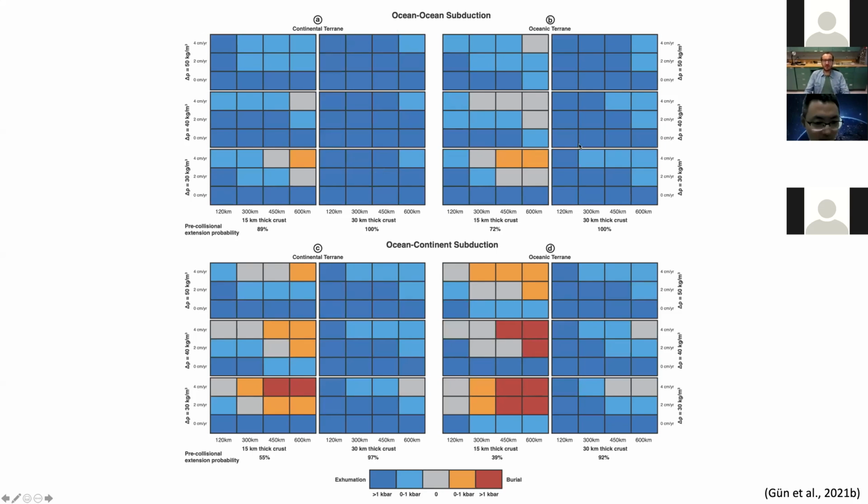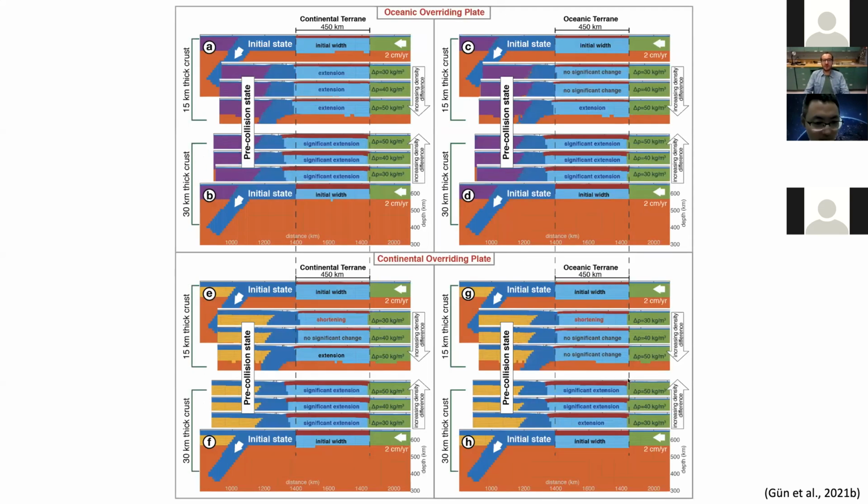On the top part, we see intraoceanic subduction zones, and at the bottom continental subduction zones. But now we choose only a few parameters to show here. For example, you see 450 kilometer wide terrains, continental and oceanic. And we are also comparing 15 kilometer thick crust cases to 30 kilometer thick crust.